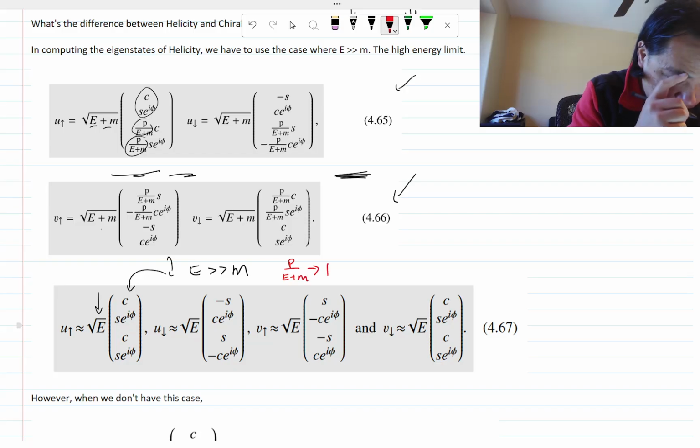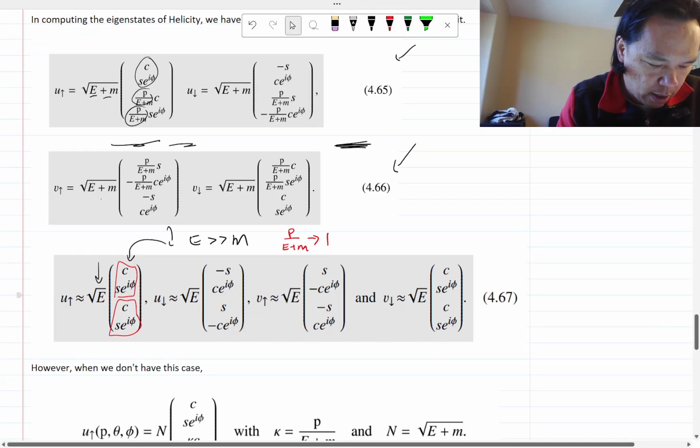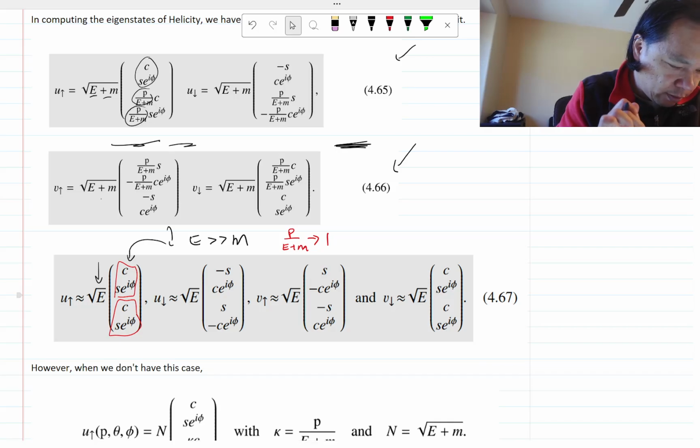So the top half of the spinors and the bottom half of the spinors are symmetric with each other. That was a simplification we made in order to simplify the calculation.